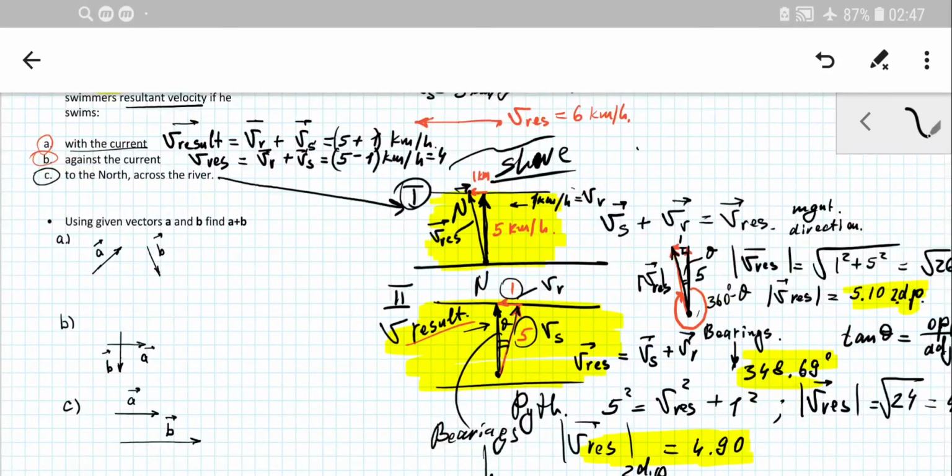In case you are not sure, if you're sitting an exam and trying to solve, make some comments or ask the teacher to clarify: is the actual direction to the north, or is it in calm water, so that you need to take the effect of the river on top of that? Okay, those are the details.